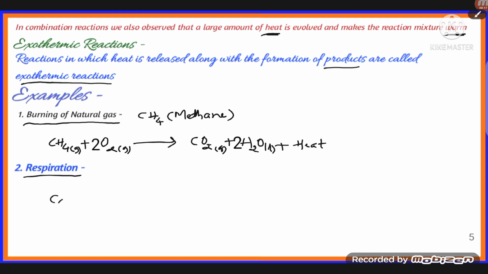When carbohydrate, that is glucose C6H12O6, reacts with oxygen O2, it produces carbon dioxide, water and energy.